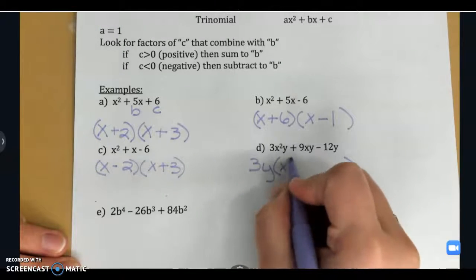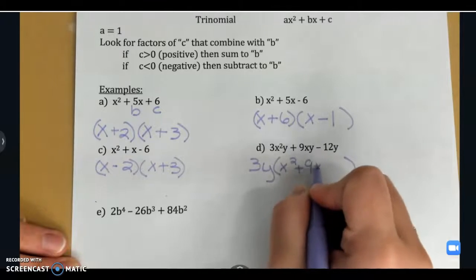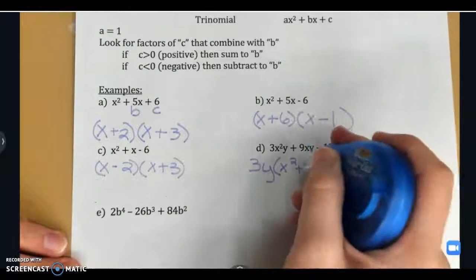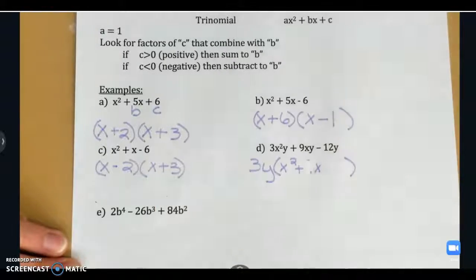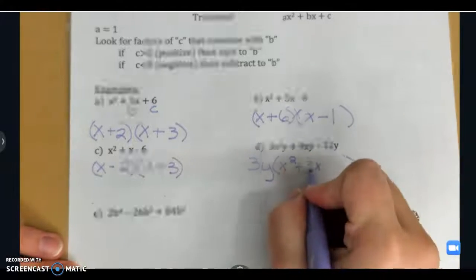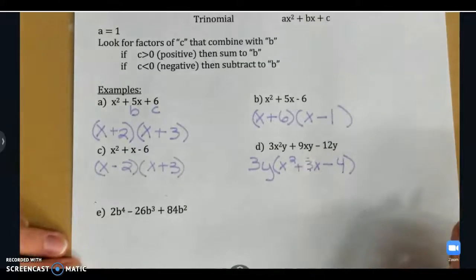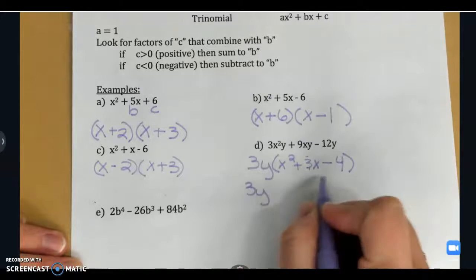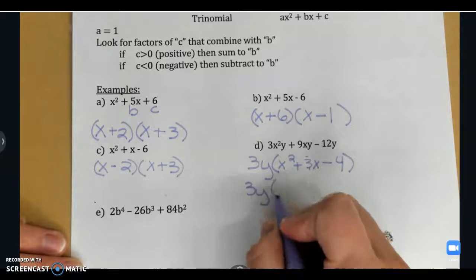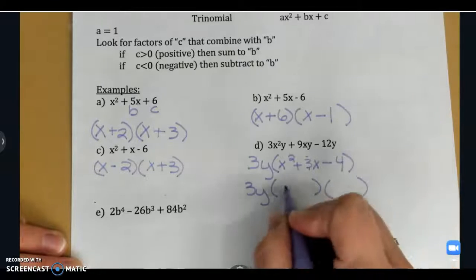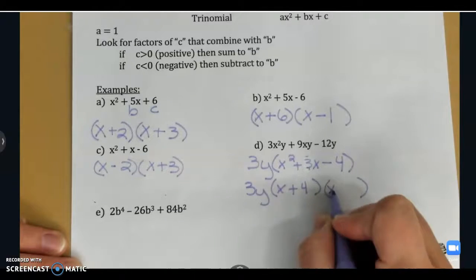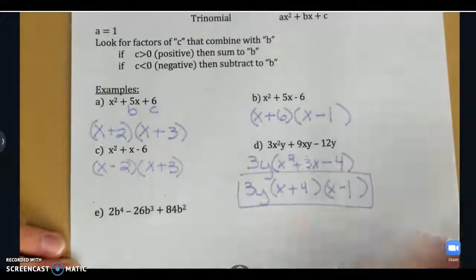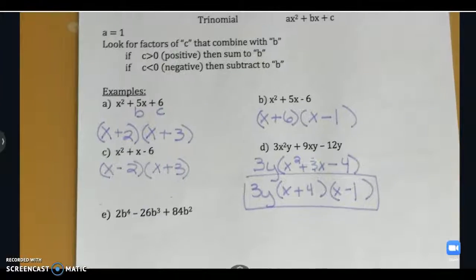So I'm going to be left with x squared plus, excuse me, not 9x, that would be 3x, minus 4. So now I've got a trinomial inside of here, so I'm going to be looking for factors of negative 4 that add to 3. So that is going to be positive 4 and minus 1. So there is my final completely factored answer for example D.